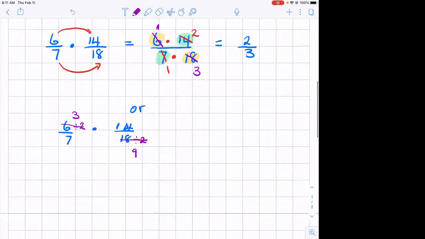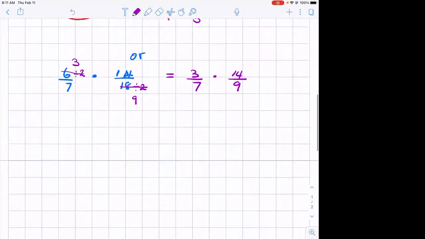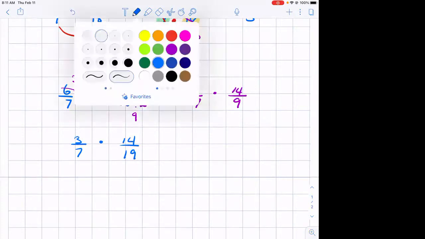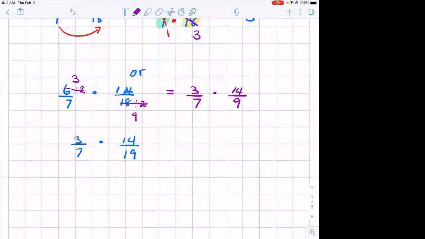So we have here 3 over 7 times 14 over 9. Now if you look at that again, you can also divide here by 3 and this by 3.